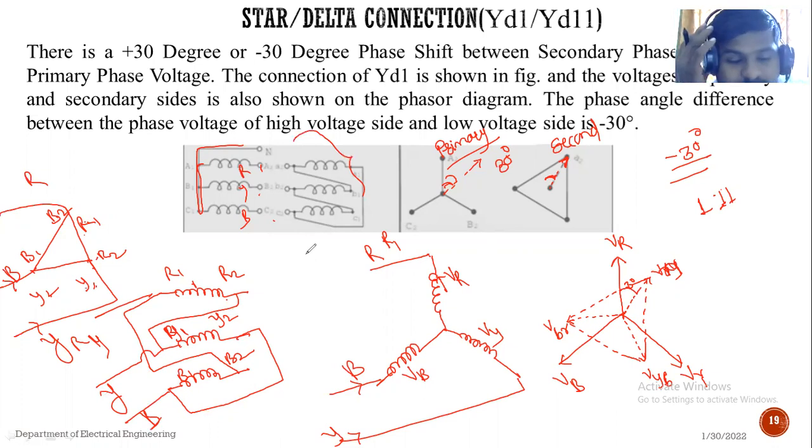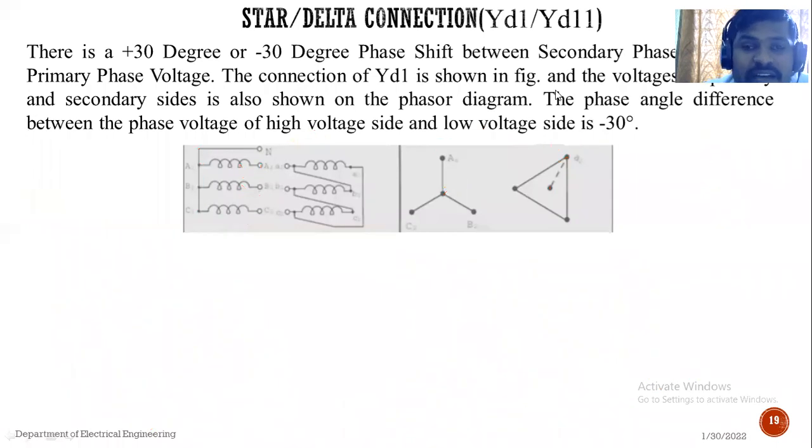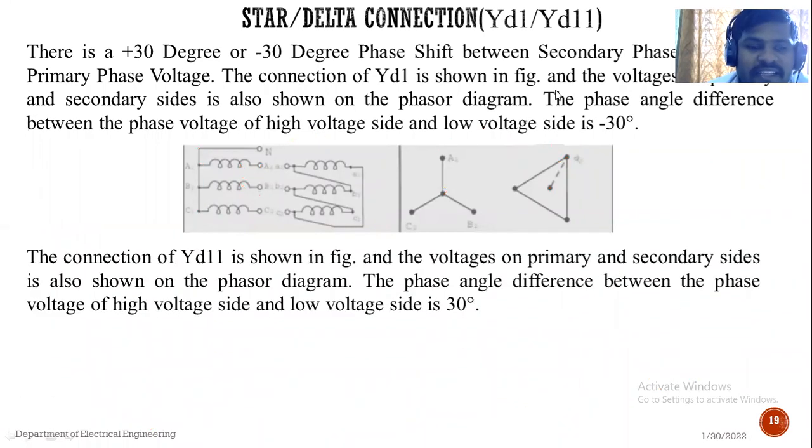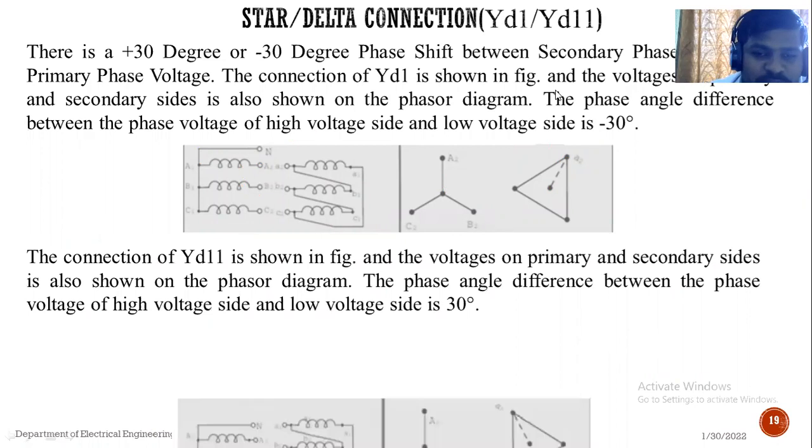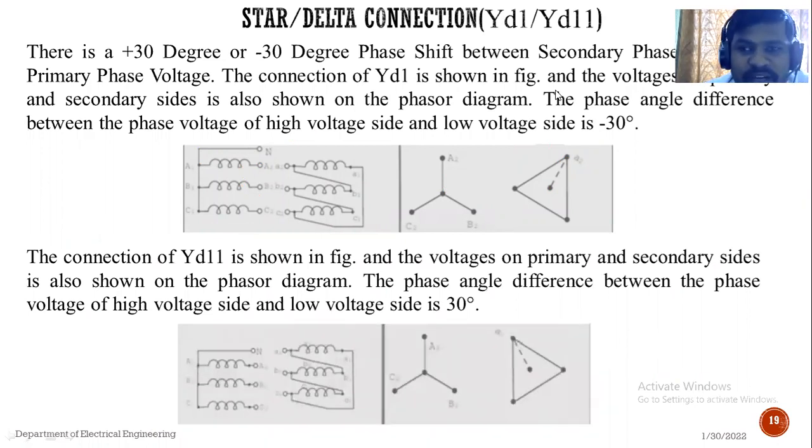See, the secondary phase angle will be displaced from the primary by 30 degrees, that is a lagging phase displacement of minus 30 degrees. So this is the star delta 1. Primary is connected in star, secondary is connected in delta, and the phase displacement is minus 30 degrees. Similarly, for plus 30 degrees it can be represented by YD11.